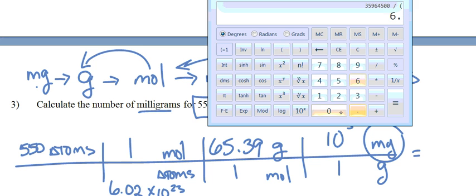So 6.02 to the power... oh my gosh, I cannot stand this calculator. Sorry, guys. I hate this calculator.